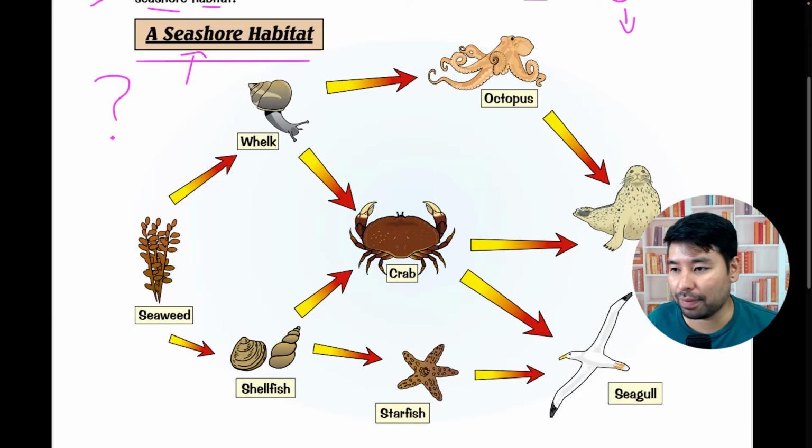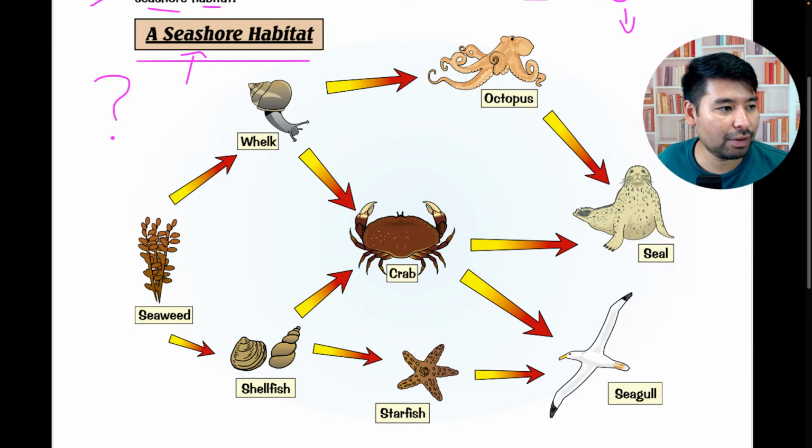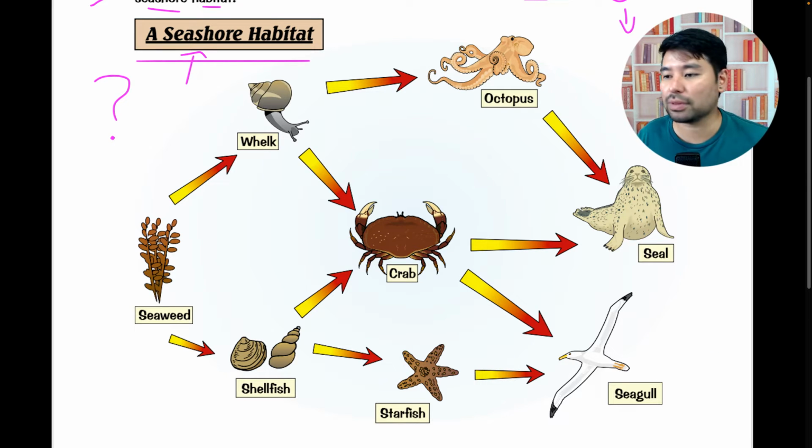Aqui eu vou mover minha head novamente para não atrapalhar vocês. E vamos lá. Then, our central animal, or sea animal, fish. I don't know how we call that thing, right? It's the crab.